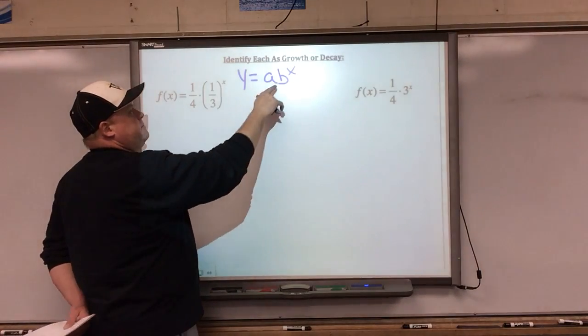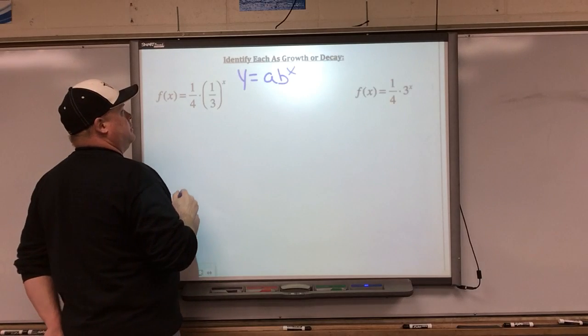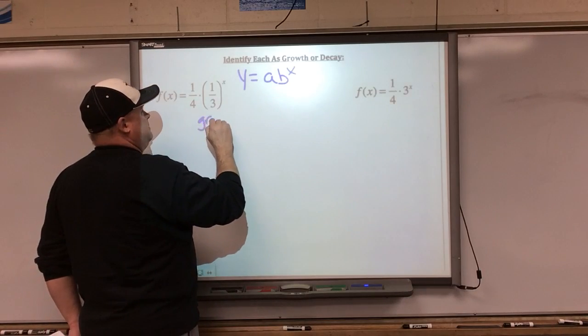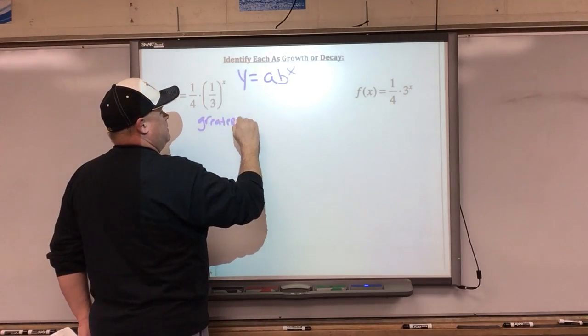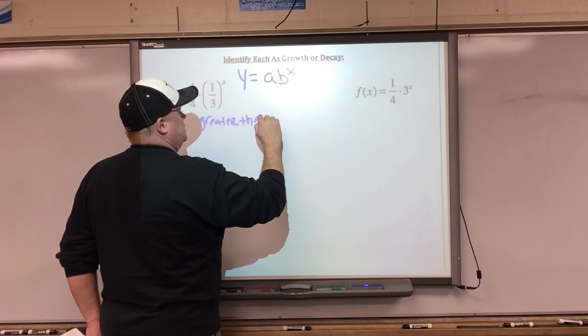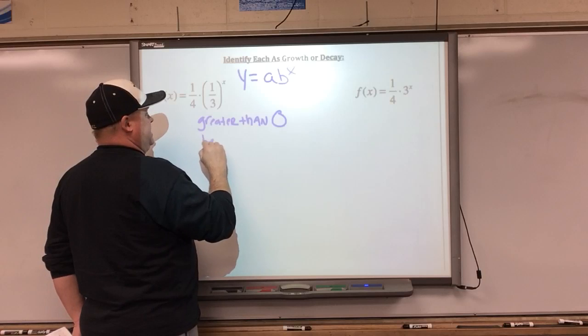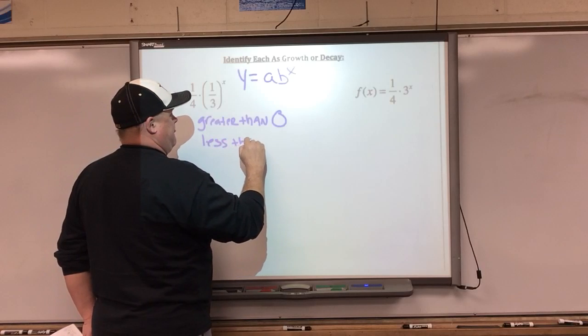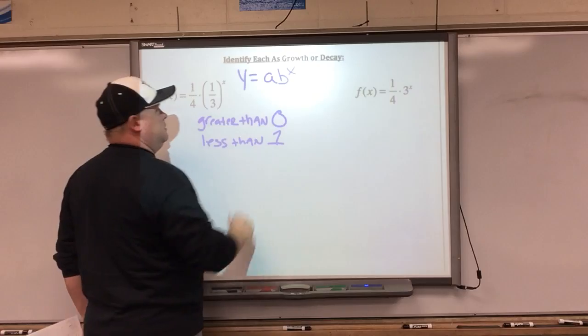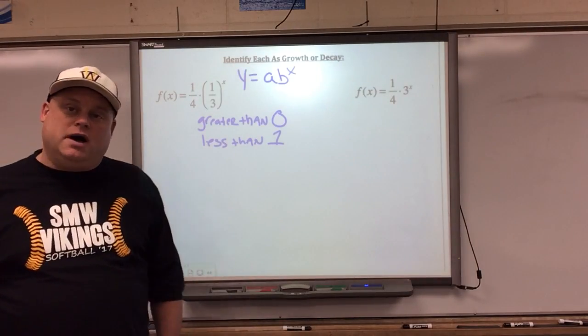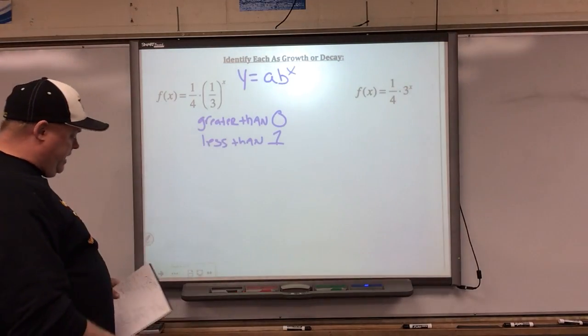So if I know that my b term is greater than 0 but less than 1, I'm going to have decay.